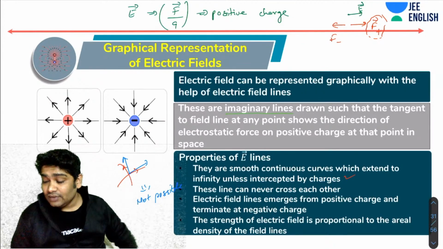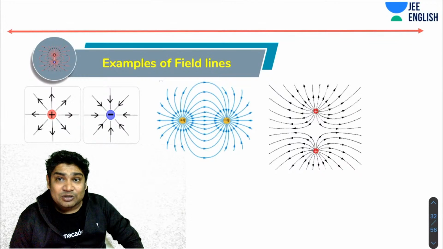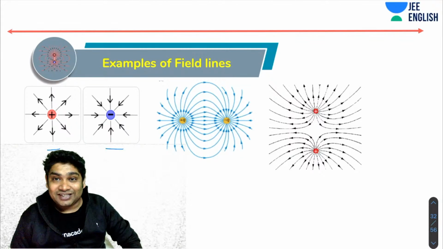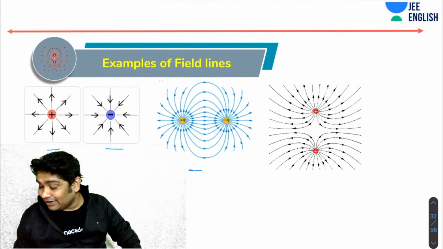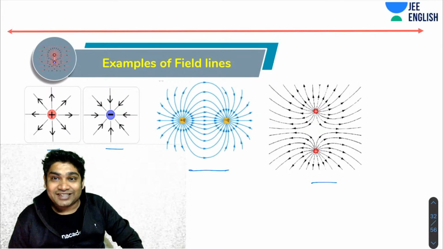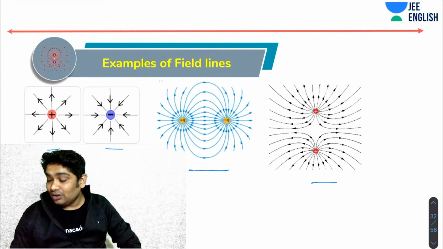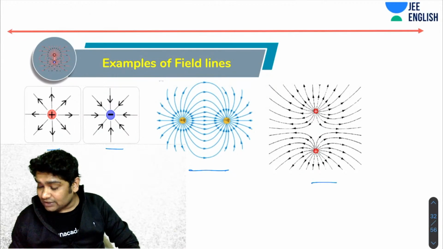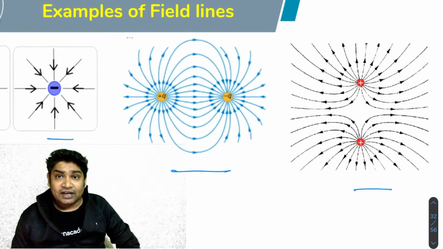Next, these are some examples of electric field lines. Here are electric field lines due to a positive charge, due to a negative charge, due to a dipole, and due to two positive charges kept close to each other. Please remember that you never see two electric field lines crossing.